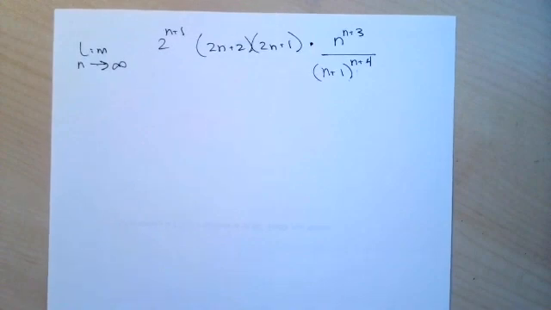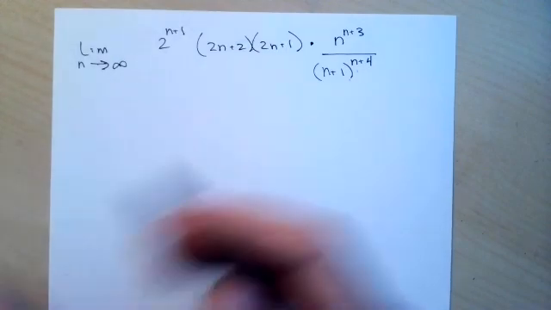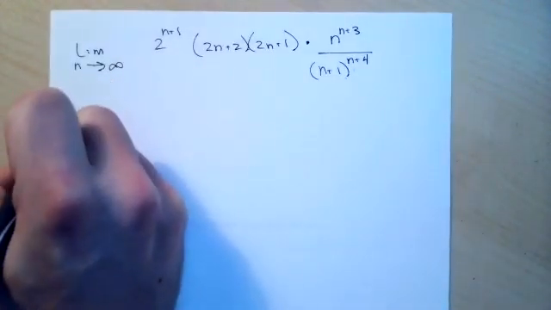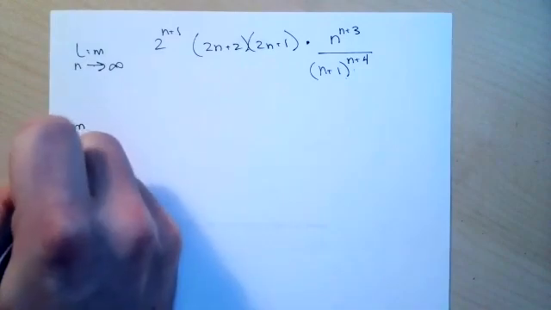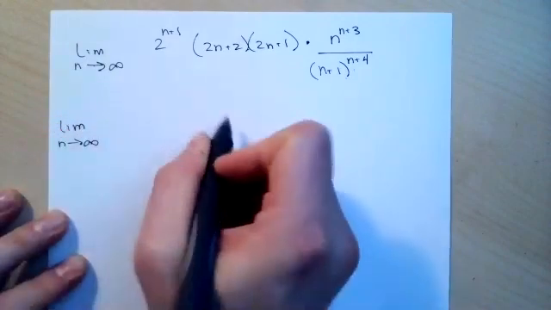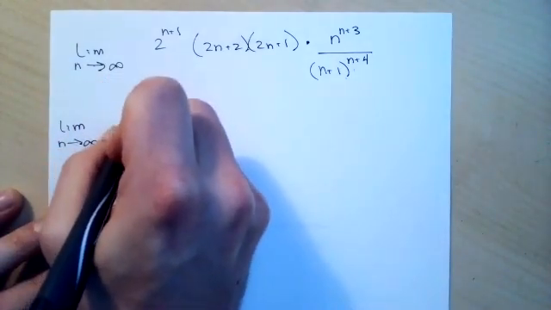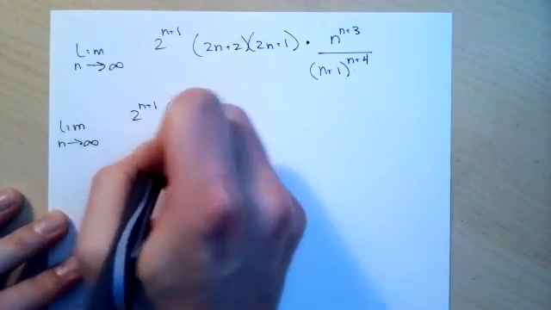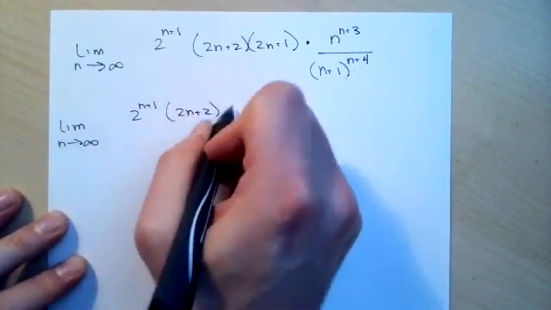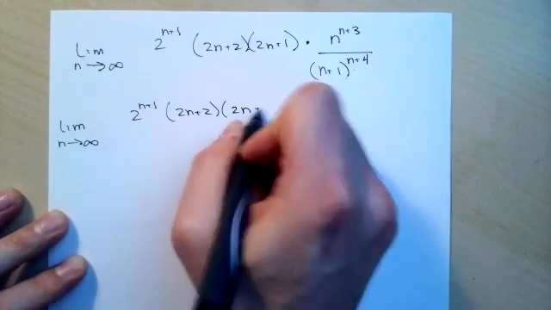So let's see. How do we want to simplify that? That is n to the n. And this is n plus 1 to the n plus 4. So we can write this as the limit as n goes to infinity of 2 to the n plus 1 times 2 to the n plus 2 to the n plus 1.